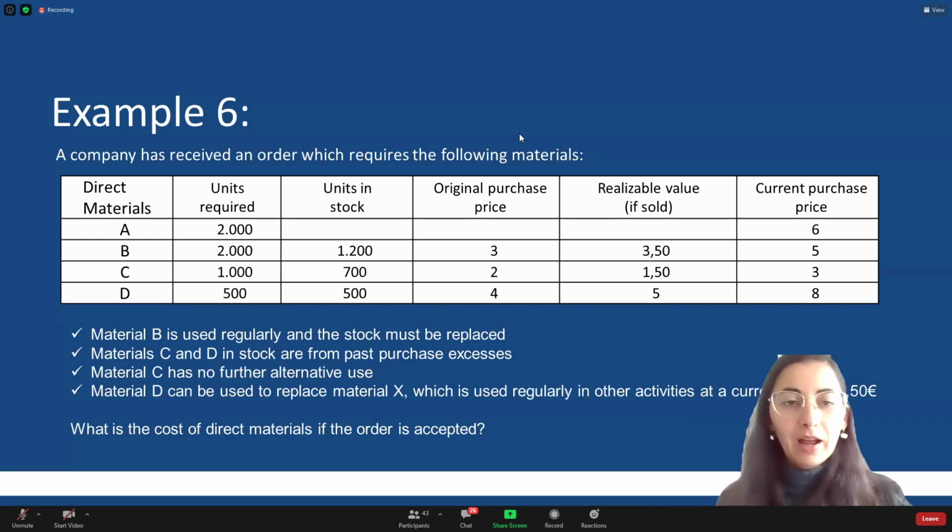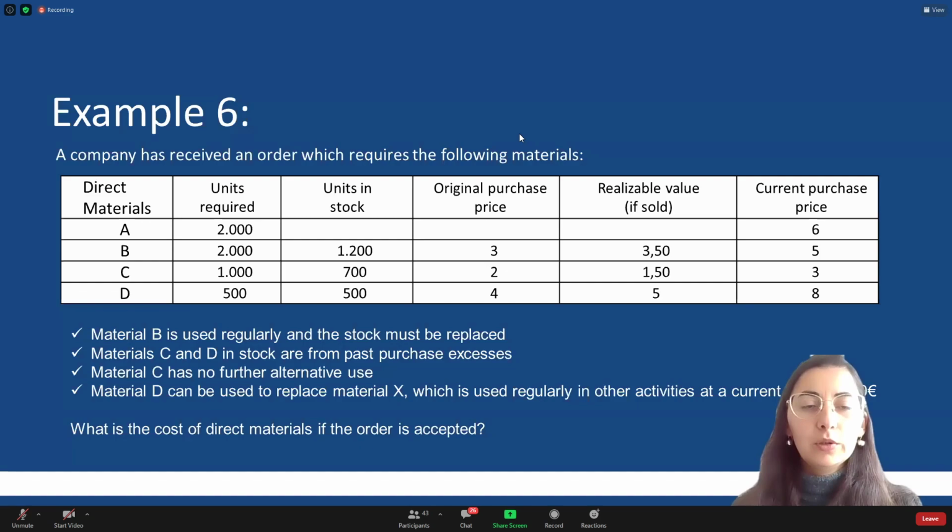So what we have to consider here is that we need 2,000. We have 1,200 in stock. So for the 2,000, the first 800 I have to purchase, and I will purchase at 5 euros per unit. Now the remaining 1,200, let me see what I can do with that, and we will do that for all other materials, for B, C, and D. For the 1,200, because it's used regularly and I must replace the stock, I cannot just use the units like that.